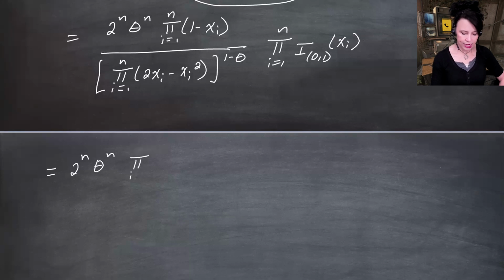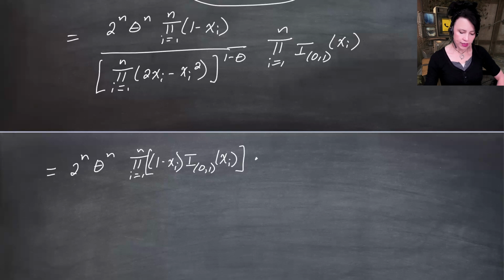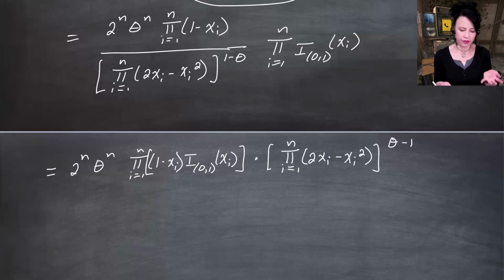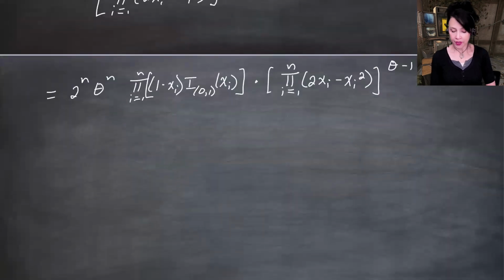The product as i goes from 1 to n of 1 minus xi times the indicator that says that xi is between 0 and 1. And then I'll write this as the product as i goes from 1 to n, 2xi minus xi squared raised to the theta minus 1, because I put it from the denominator up on the numerator.